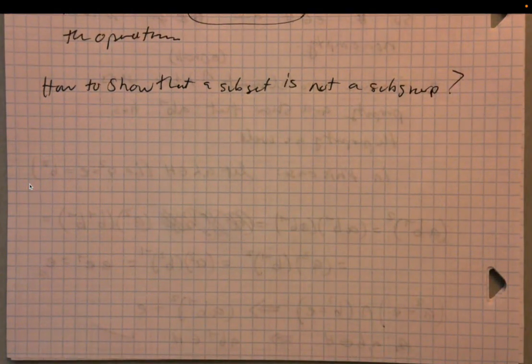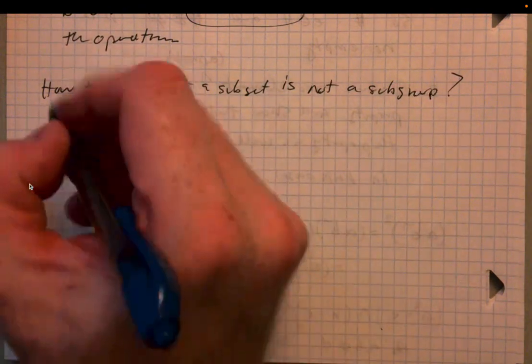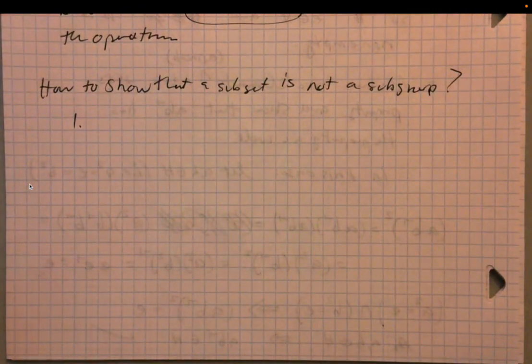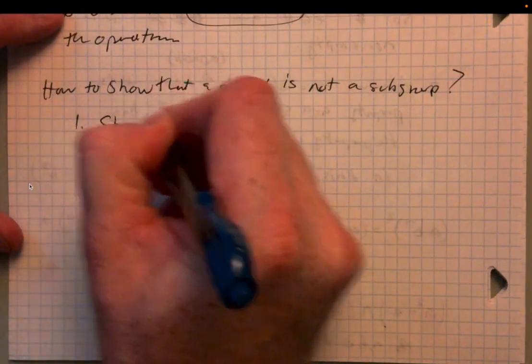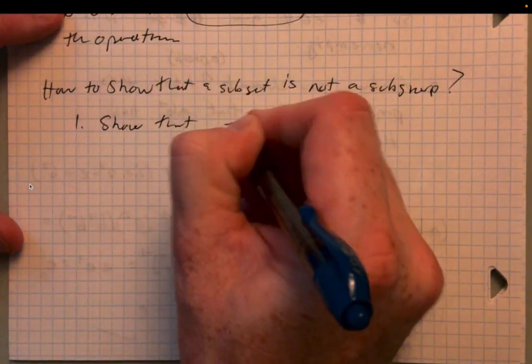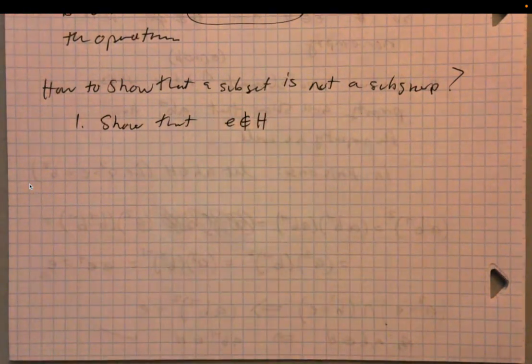I'm sure people have seen this idea: usually if you're trying to prove that something doesn't rise to the level of something else, then all you need is a counterexample. So if we want to show that a subset is not a subgroup, there's a number of ways to do it. One way is to show that the identity is not in the subset. Show that E is not in H. So the identity is not there.